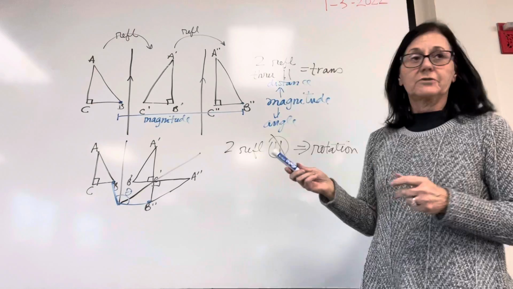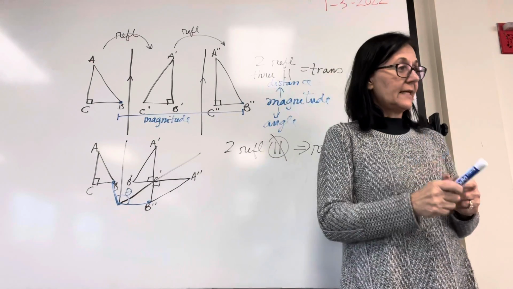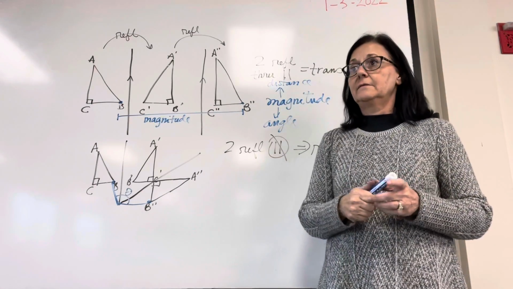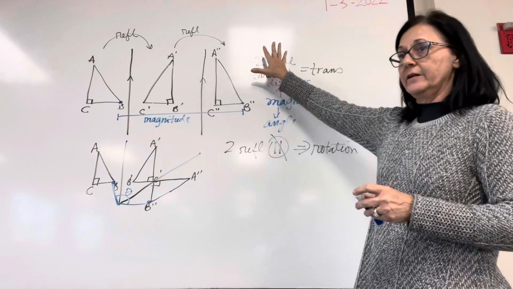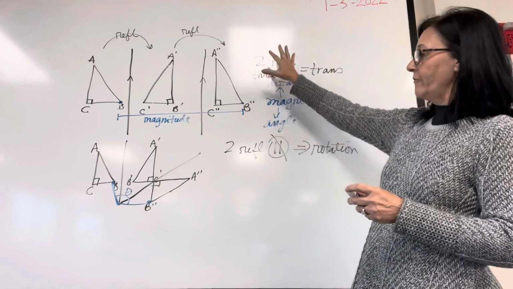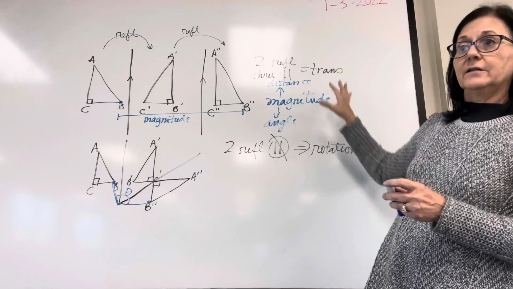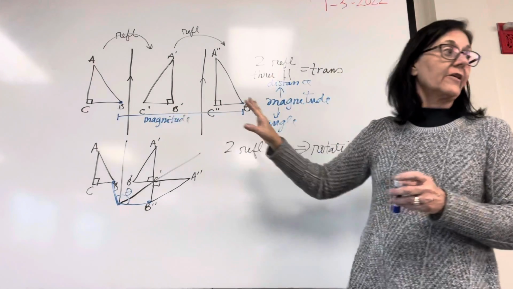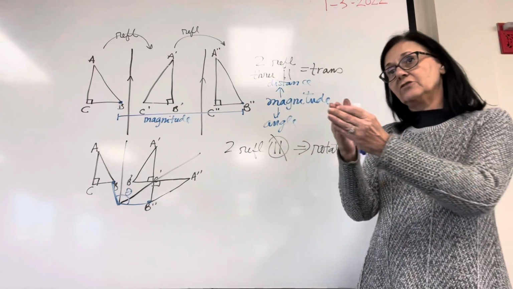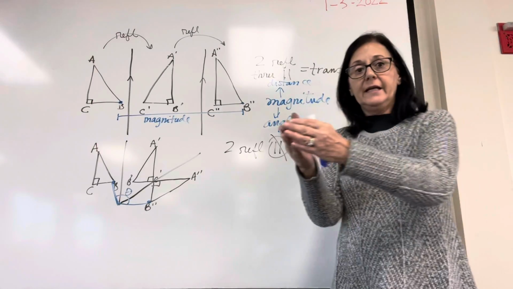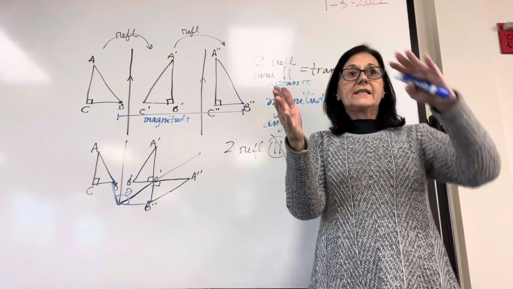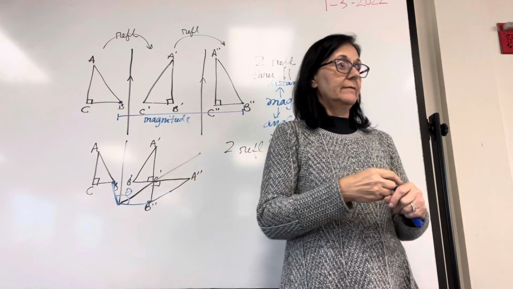These three concepts are the only new concepts in this lesson. Okay, composition of two reflections can result in different transformations from the first to the last. And the magnitude is just really the distance we move it, the length, or it's the angle at which we rotate it. Okay?